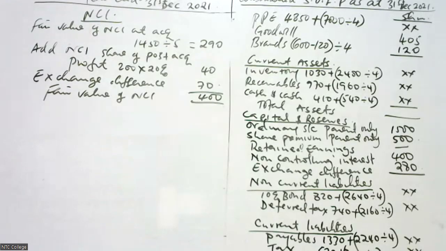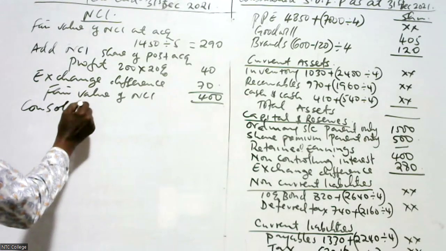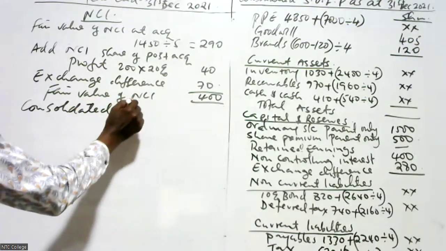Then we come to the last item, which is the consolidated retained earnings.